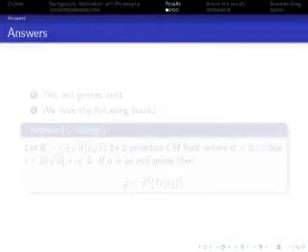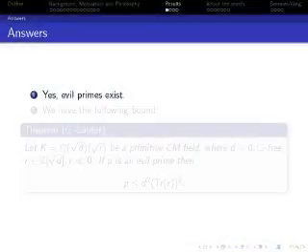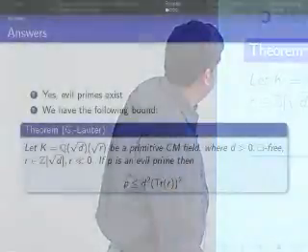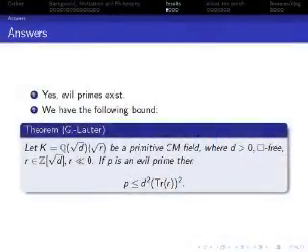All right, so let me tell you some of the things we know. First, as I said, evil primes exist. It's already clear from van Wamelen's computations. The second question is, can we bound the primes?